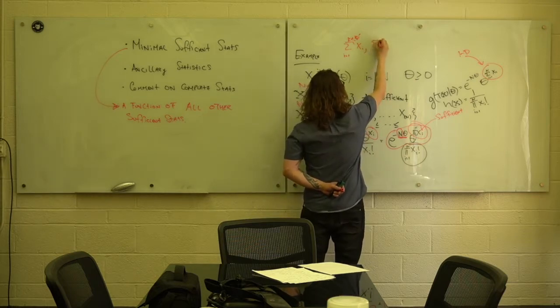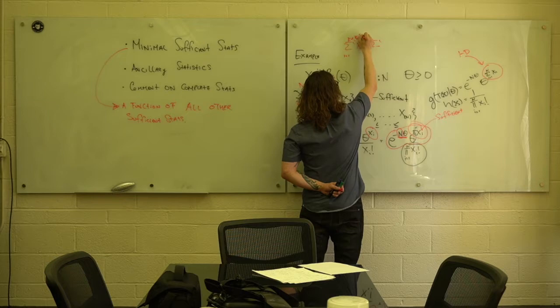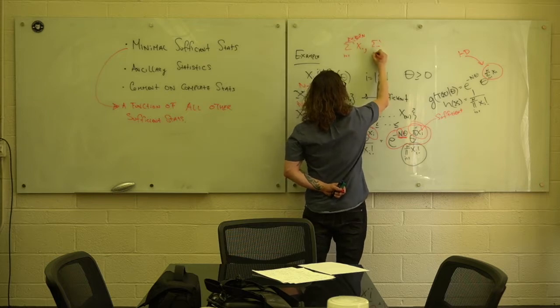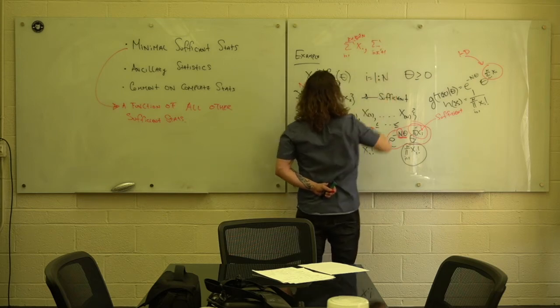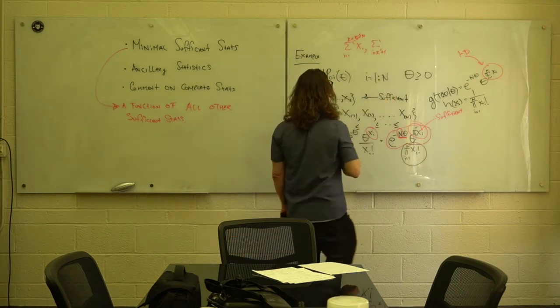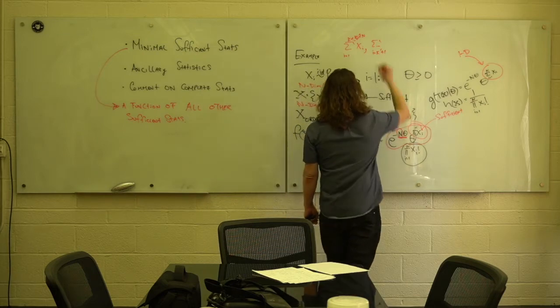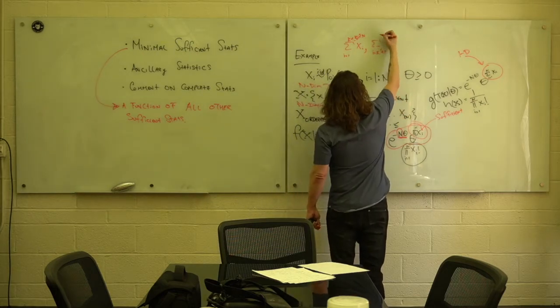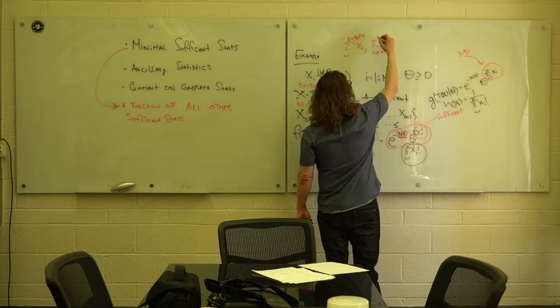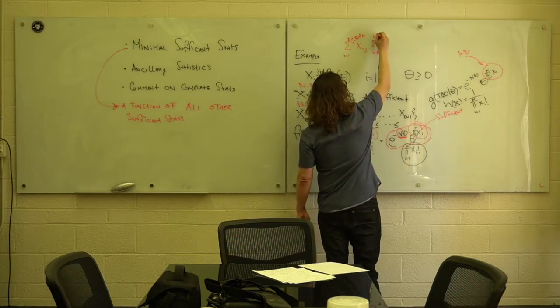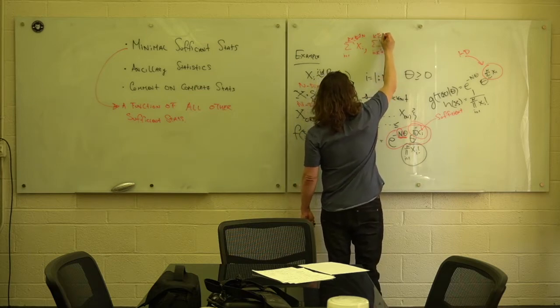I'll say that I have a sum, and that k prime is going to be less than n. i goes from 1 to k prime, plus 1. And I'll say this goes to whatever I want to make this. I'll say that this is k double prime, which is less than n.